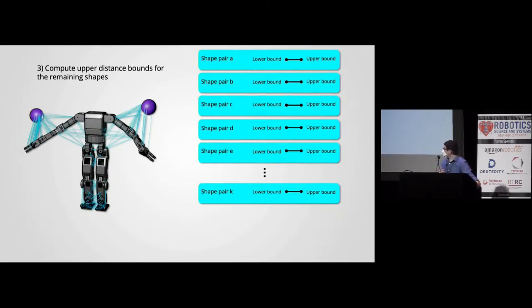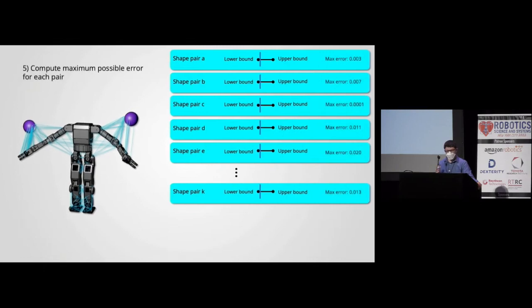These upper and lower bounds are interpolated to form an approximate distance for each remaining shape pair, and if the loss function used is monotonically non-increasing, we can also bound the maximum possible error that could come from each pair in the output sum.